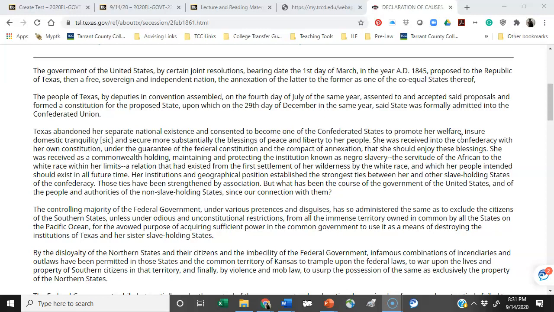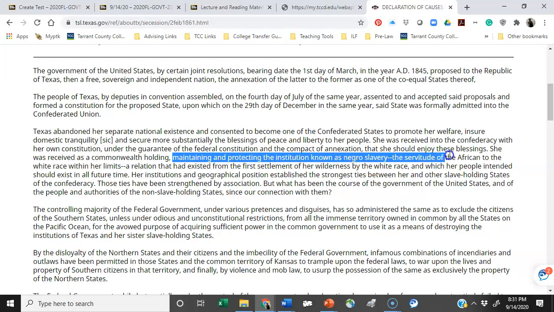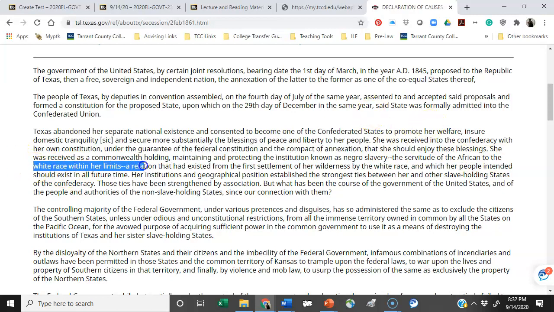One of the things that they said was, and let's see if we can find it quickly, the United States government was not supporting Texas in maintaining and protecting the institution known as Negro slavery, the servitude of the African to the white race within her limits.